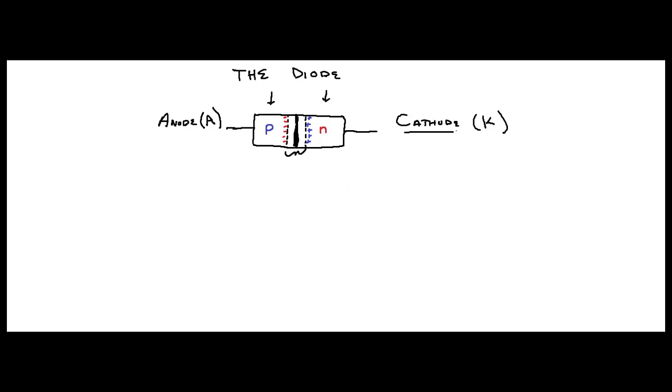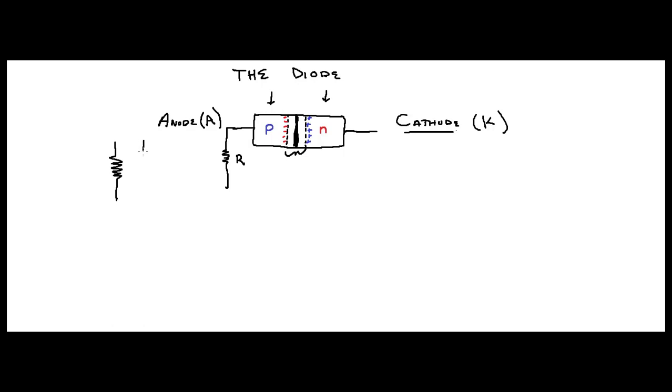Now, what do I mean when I say bias? That means we're going to put a voltage on it. We're going to connect the battery to it, right? This is a resistor, R, okay? Many times a resistor is just a line and it squiggles like that. That's how many people draw a resistor. That's how I draw a resistor.